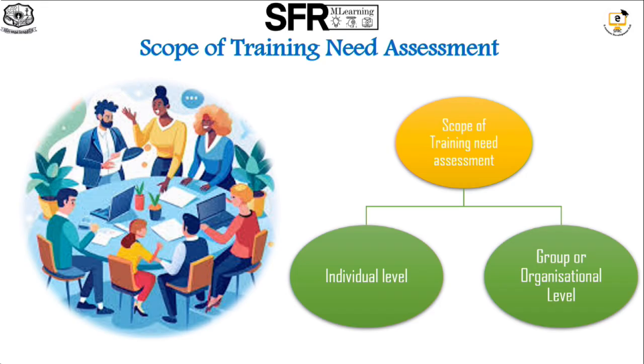This involves assessing individual training needs under specific circumstances: when an individual's job performance falls below organizational expectations, when an individual needs to update their skills to keep pace with the technological advancements, during job transitions across locations or roles, when the organization initiates new projects.